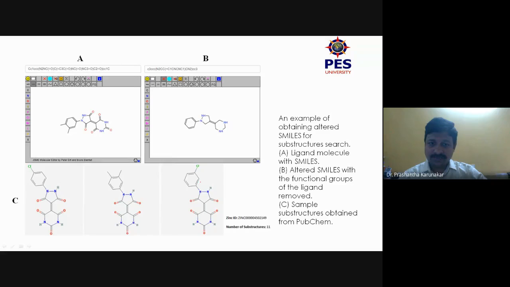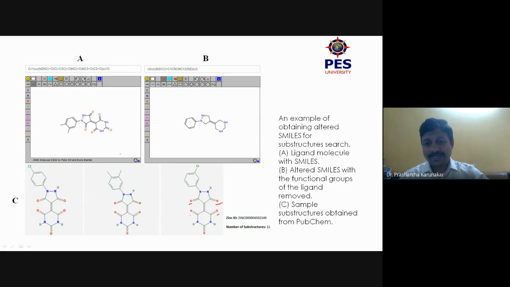If this is the molecule, we just removed this Cl. The rest all we kept. We removed some of the groups, this oxygen, so is there any possibility that we can derive the substructures? So we look for the derivatives, in other words, other substructures that are possible.